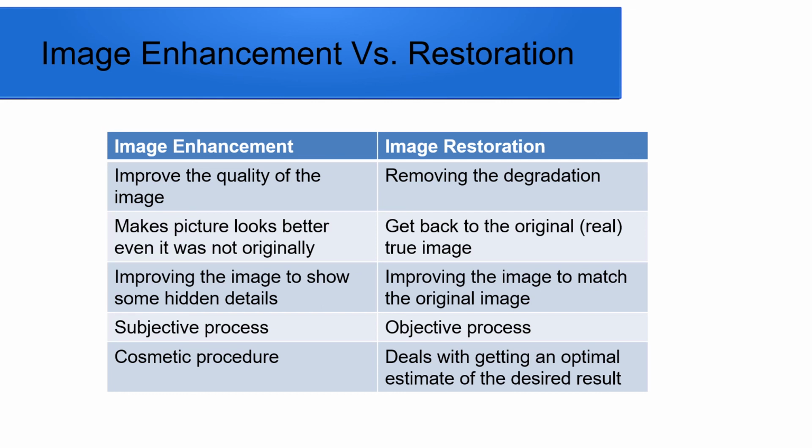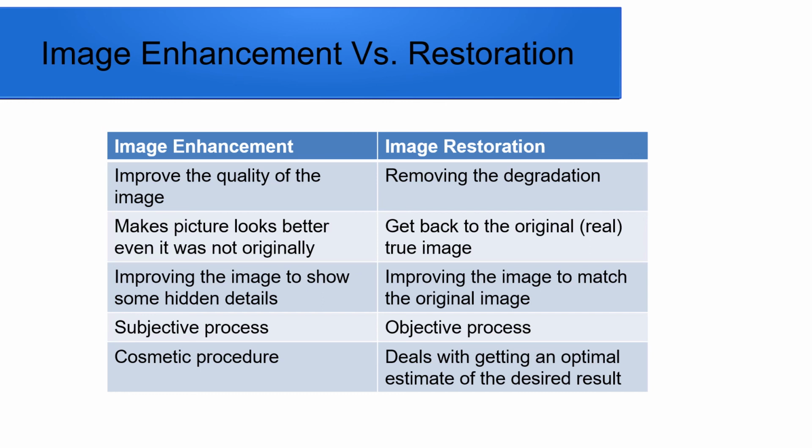Fourth point, under enhancement, image enhancement is a purely subjective process, but restoration is an objective process. Now what is a subjective process? The user decides the quality of the image or the result of the image, and objective means mathematical formulas are used in restoration.